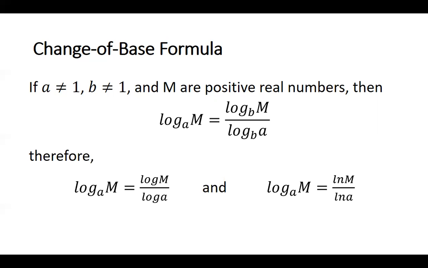So log base A of M is equal to the common log of M over the common log of A. Or it's equal to the natural log of M over the natural log of A, which may seem a little odd, but you can choose any base you want. We could change it to log base 476 as long as we use that for both of them. Why you'd want to do that, I have no idea, but it could be done.